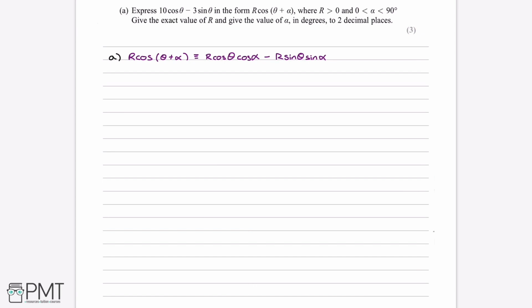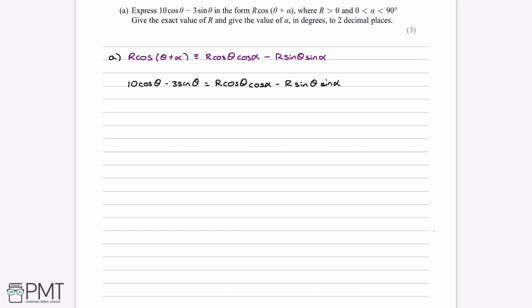So if we write that out, 10 cos theta minus 3 sin theta is equal to r cos theta cos alpha minus r sin theta sin alpha. What we can now do is compare the coefficients of sin theta and cos theta.